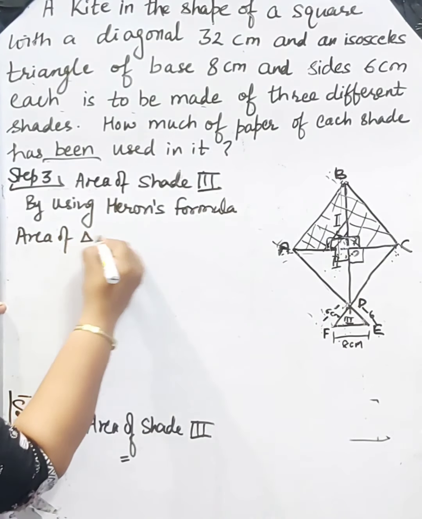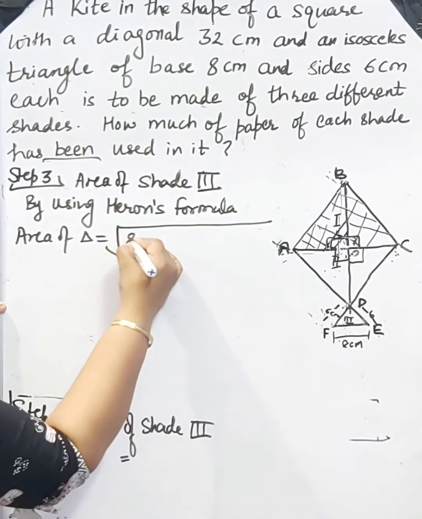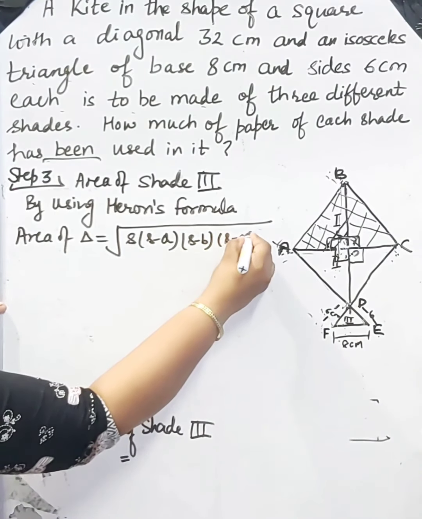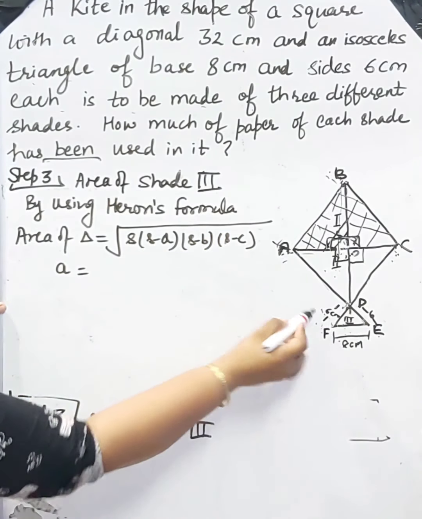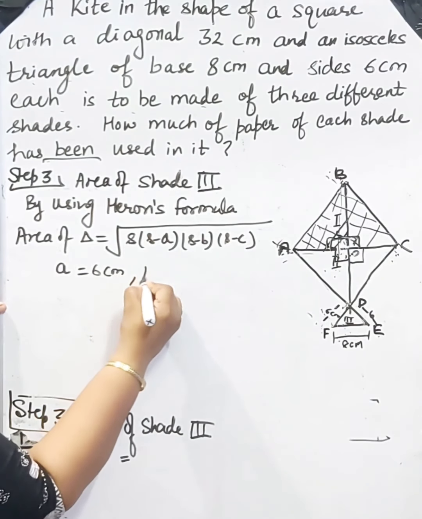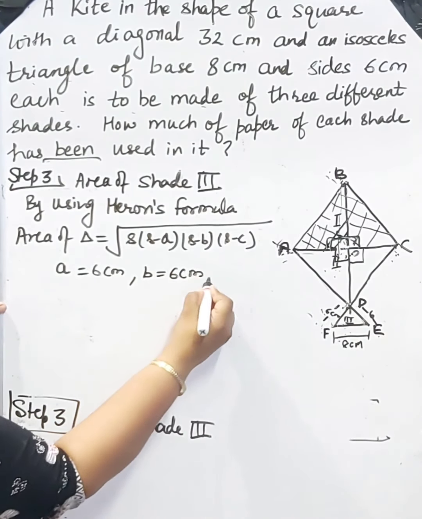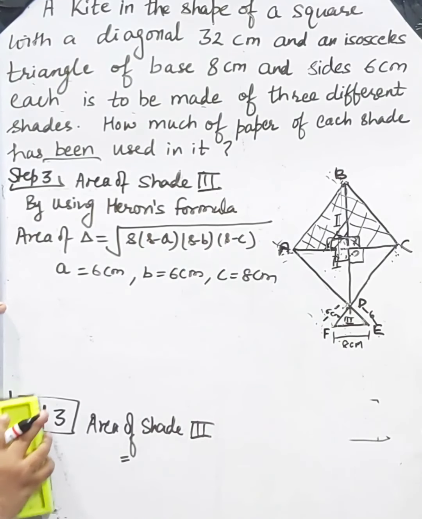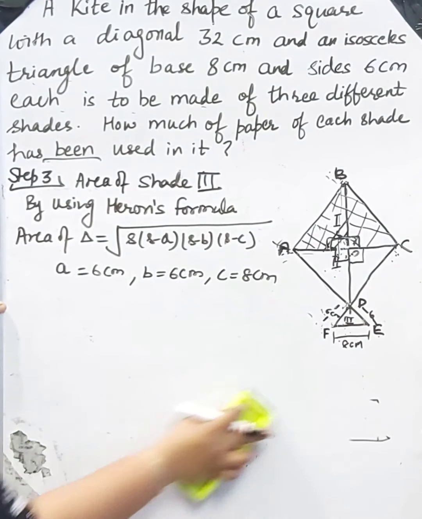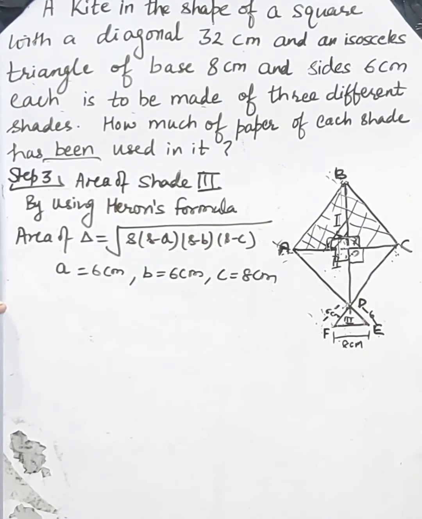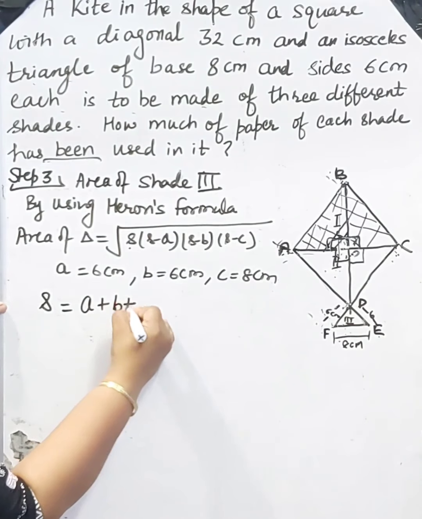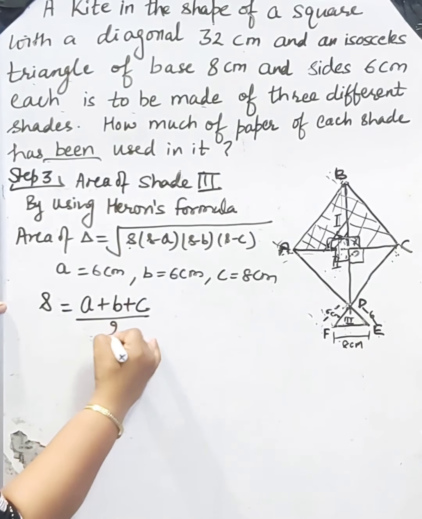Area of triangle equal to under root S into S minus A, S minus B, S minus C. Now here A is 6 centimeter, B is 6 centimeter, and C is 8 centimeter. And we calculate its semi-perimeter. S means semi-perimeter. S equal to A plus B plus C divided by 2.